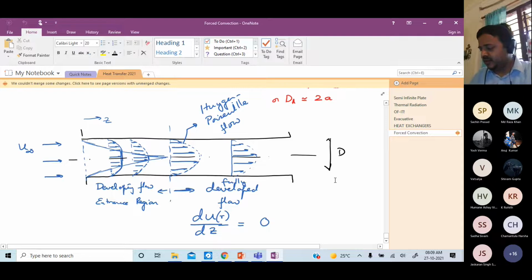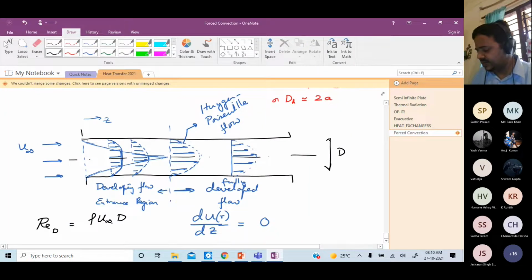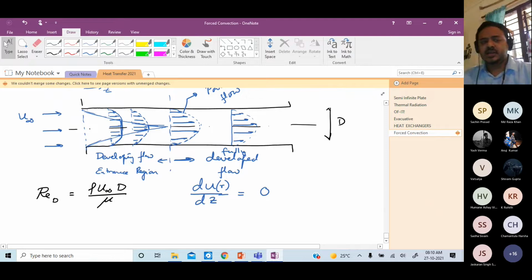That is the reason why the Reynolds number is defined with the diameter as the length scale. Okay? All right. So with those basic assumptions, let us move on.